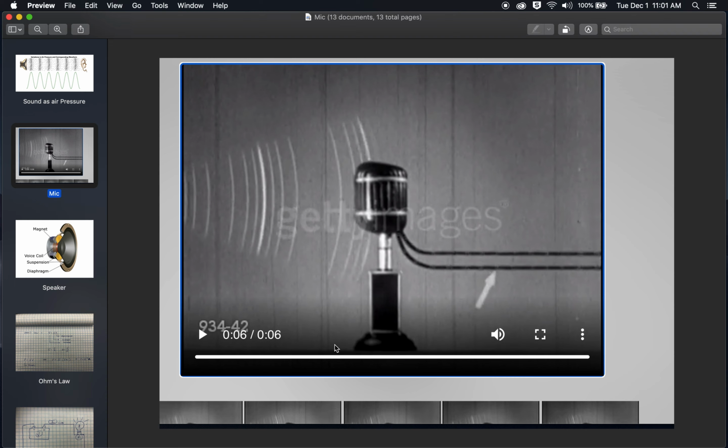That current we can then send through some wires into a speaker system or tape machine, whatever we want, right? The other way would be with a condenser microphone, where instead of electromagnetic induction, it's varying the capacitance.